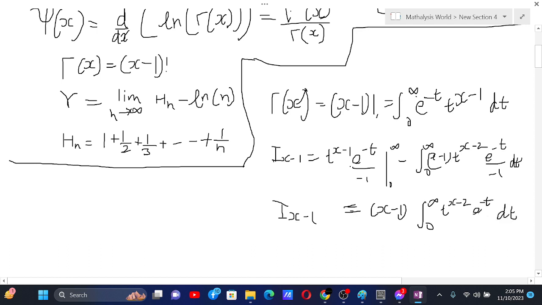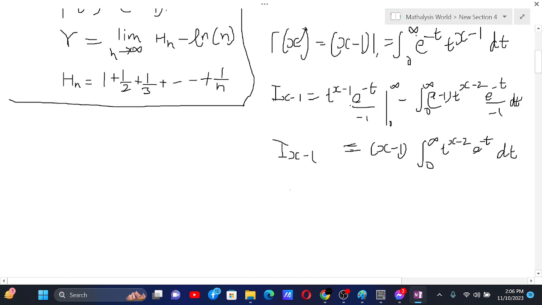It's almost the same as the original, except that we have x minus 2 in place of x minus 1. So I can say I of x minus 1 equals x minus 1 times I of x minus 2. It's a kind of recurring function. We can see that it goes on in the same pattern until we have x minus 1, x minus 2, and when we have 1 over here, we have 1 less than that, so I of 0.